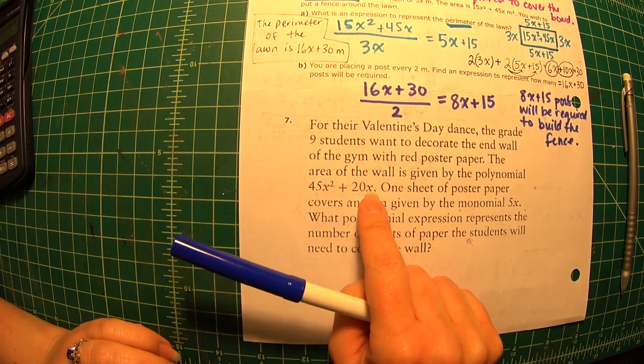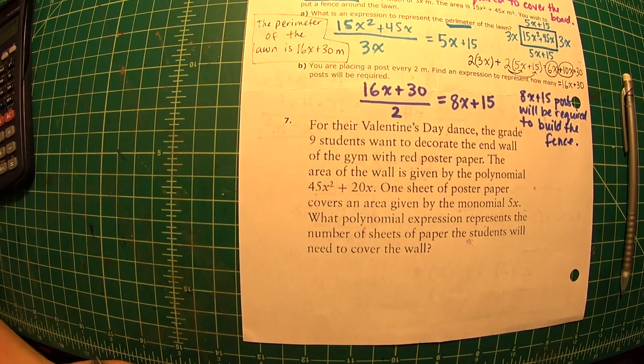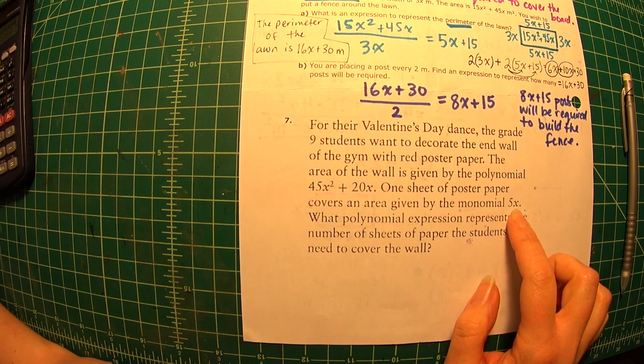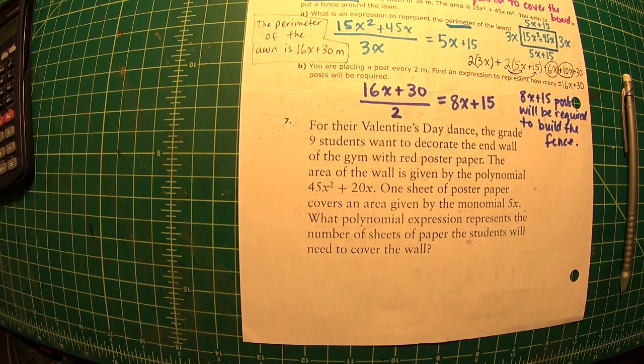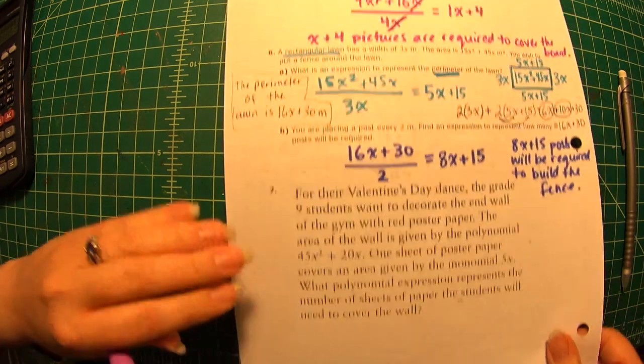So it doesn't actually give us units for this one. Okay. One sheet of poster paper covers an area given by the monomial 5x. What polynomial expression represents the number of sheets of paper the students will need to cover the wall? So same idea as this, right?